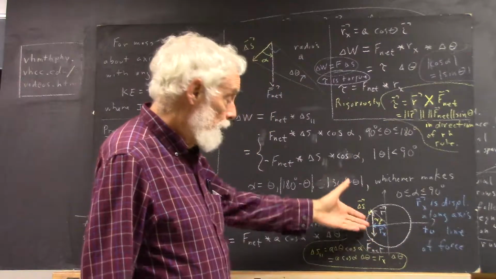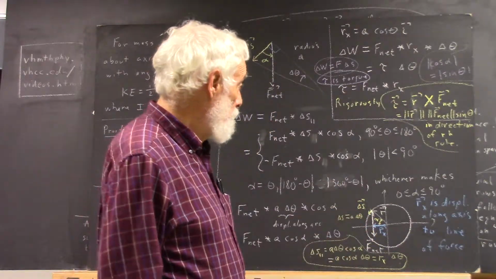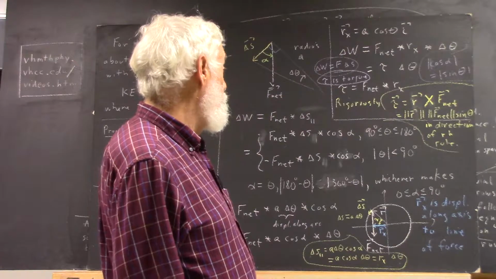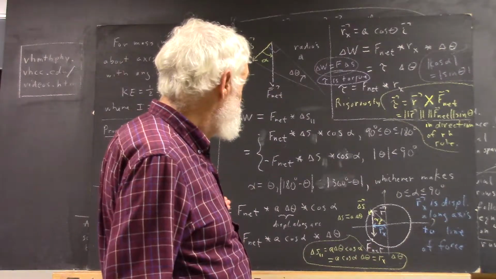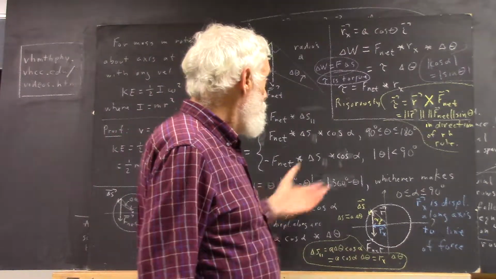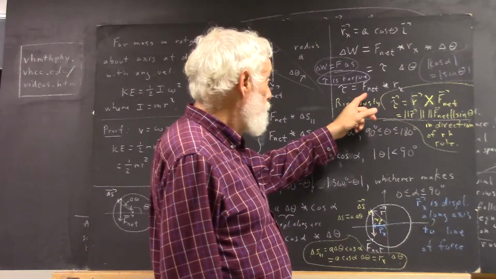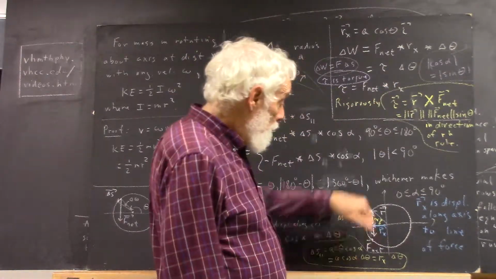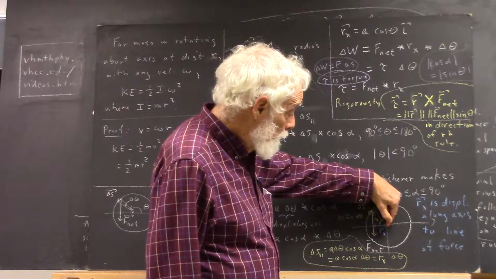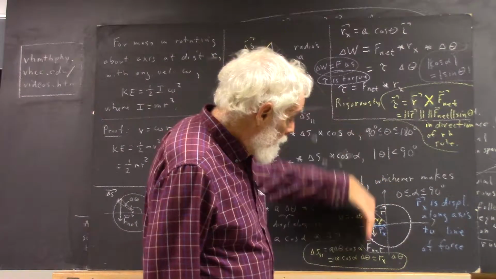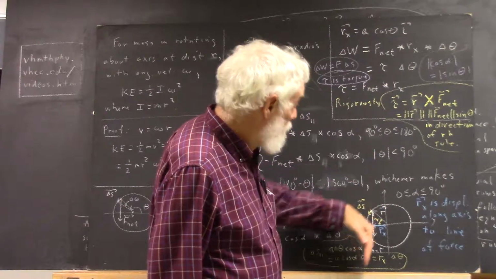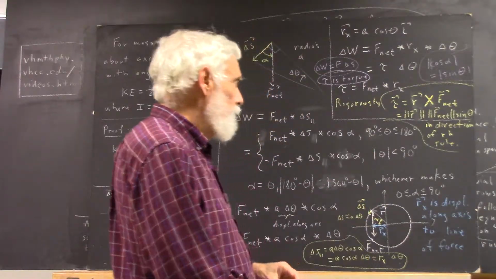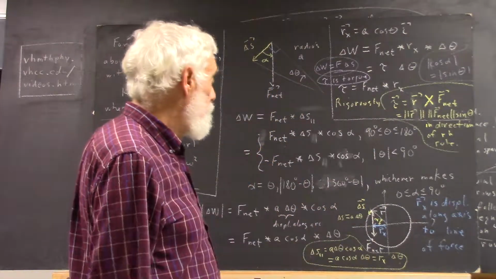Okay, we can see that here, and we'll make a bigger deal of that later. What I want you to see now is that in this case at least, the torque is F net times Rx, and Rx corresponds to a vector from the point of application to the nearest point of the line of action of the force, okay? You don't even have to remember that, it'll come back to you.